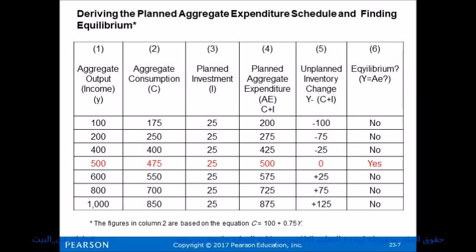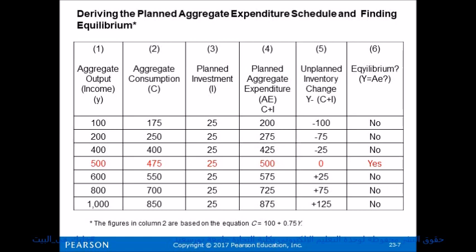Here we can calculate the value of unplanned inventory change by subtracting the value of aggregate expenditure, or C plus I, from the corresponding level of income.